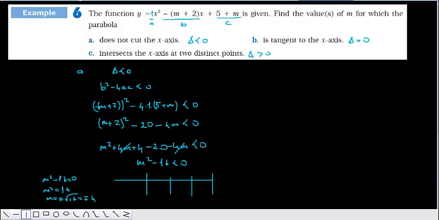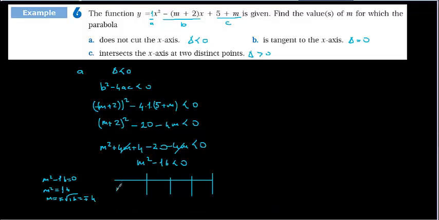For the quadratic expression m squared minus 16, I write minus infinity and plus infinity on the sides, with the roots minus 4 and 4 between them. Then we check the sign.